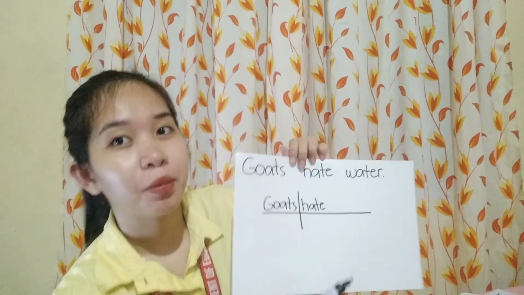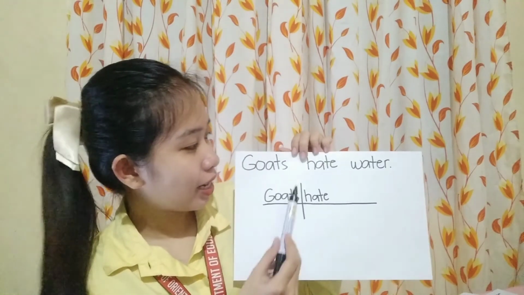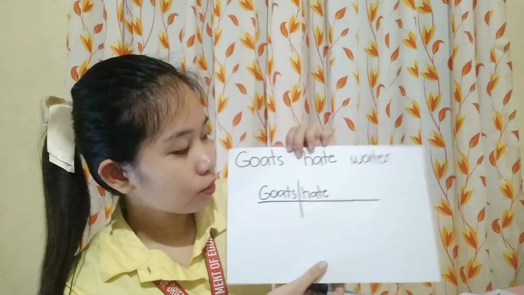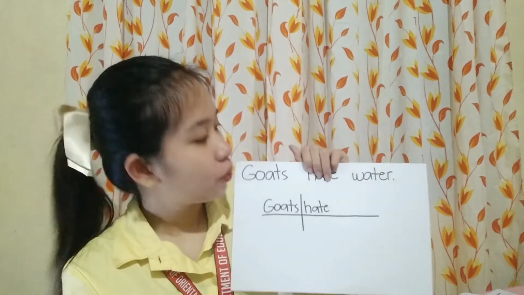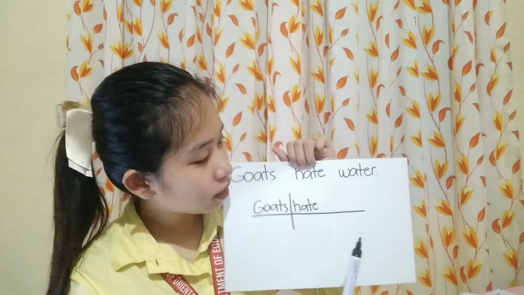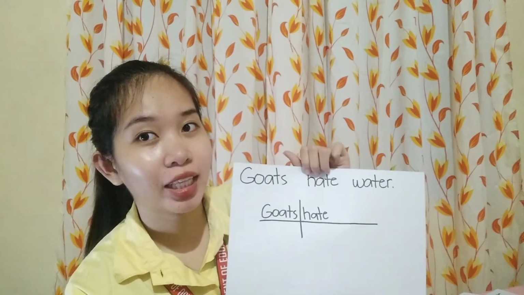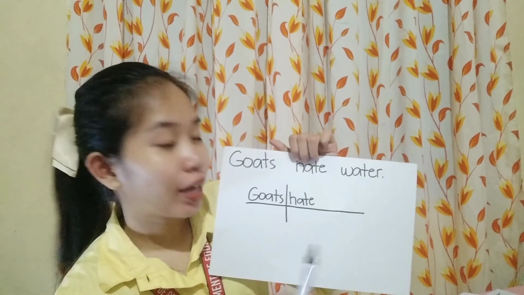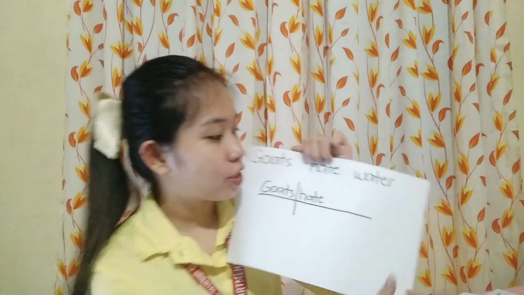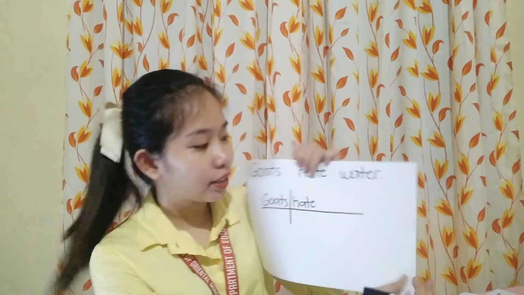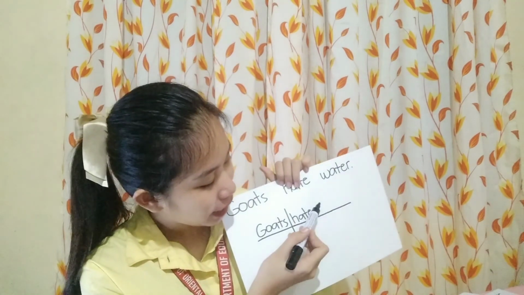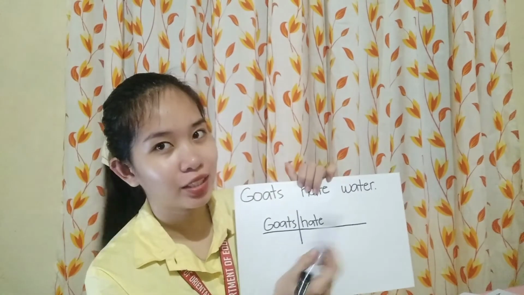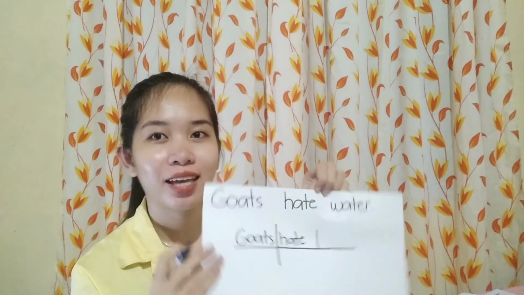So the sentence is an SVDO pattern. After that, we will write the direct object in the diagram, and to write the direct object, we will write a vertical line that does not intersect the horizontal line, like this.